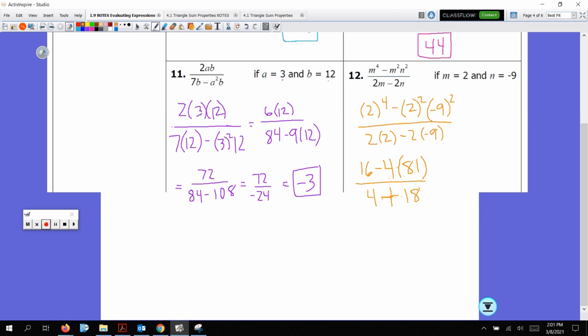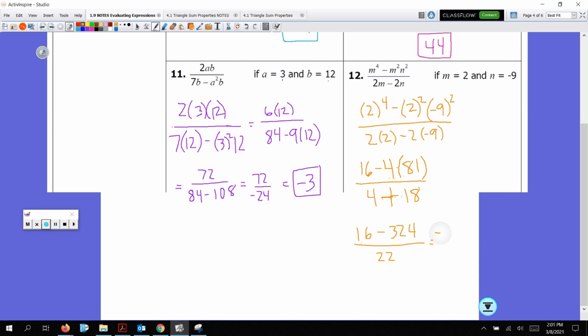Next up, clean up the numerator. Multiplication comes first. 4 times 81, that is 324. I can clean up my denominator. 4 plus 18, that's 22. So now I just need to put in 16 minus 324 divided by 22.